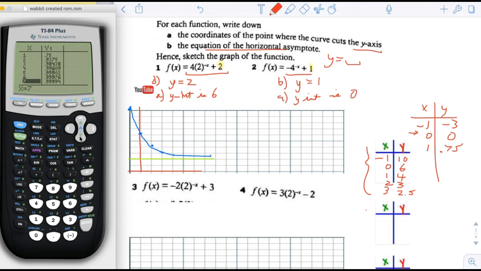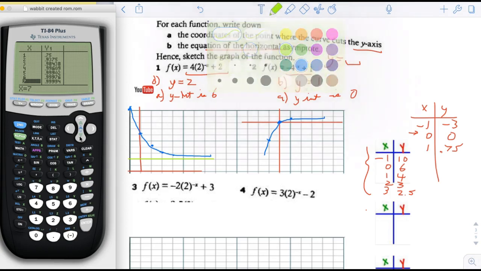All right, let's graph. In this case, it's a little bit different because it looks like our asymptote is going to be at 1. So we're going to put one of the points at 0, 0. We're going to put one of the points at -1, -3. And we're going to put another point at 1, 0.75. And we're going to approach the asymptote, which turns out to be y equals 1.